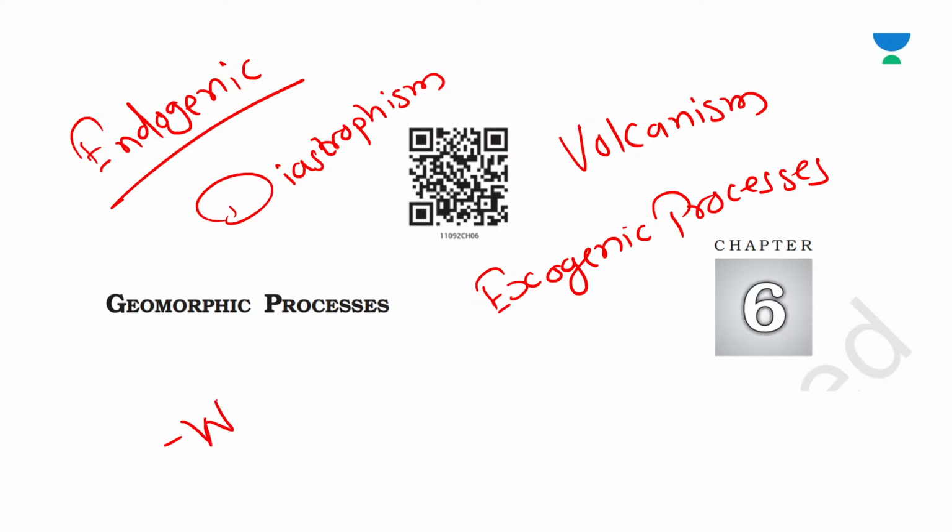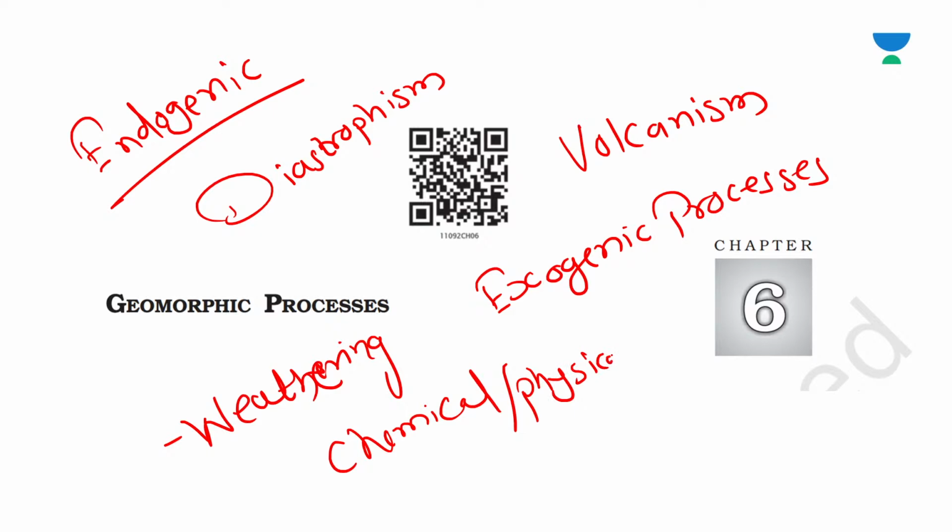Then we have discussed weathering, where we have discussed chemical and physical weathering processes. Now friends, biological activity and weathering, spatial effects of weathering we have discussed. Then significance of weathering.